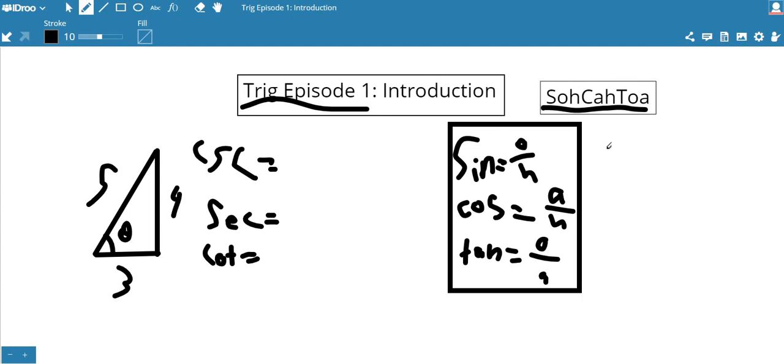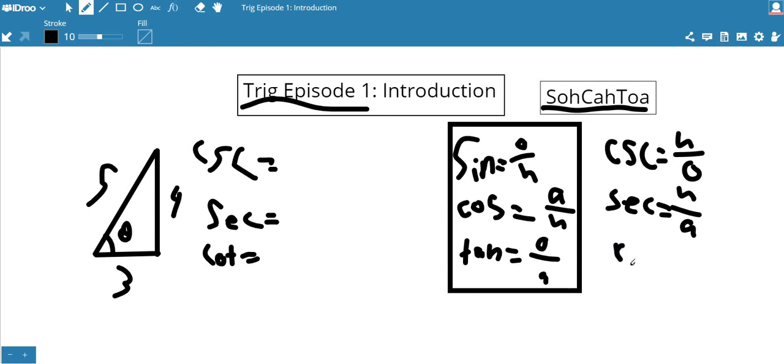So cosecant is hypotenuse over opposite, and secant is equal to hypotenuse over adjacent, and cotangent is equal to adjacent over opposite. So keep that in mind.